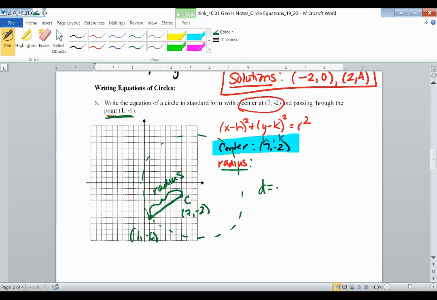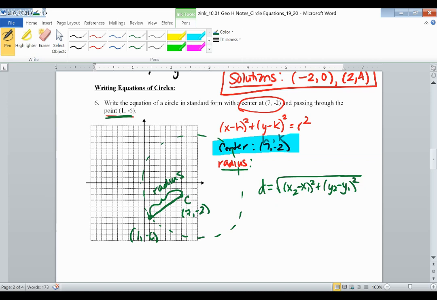I think it's important right now to practice that distance formula and to see why we would use it. So we'll write out our distance formula, change in x's squared plus the change in y's squared, and the square root of all of that. Remember, you want to square the ones that are being subtracted because the distance always has to be positive.